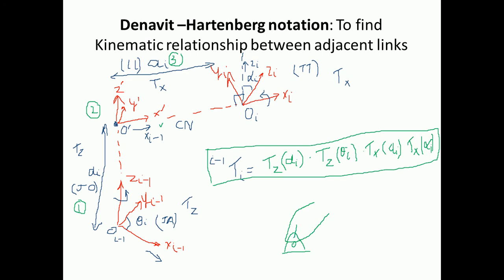Okay, with respect to the right hand thumb rule, the z axis is going to be drawn over here, the x axis is going to be in this direction, and with respect to the right hand thumb rule, the y axis is going to be drawn in this direction.